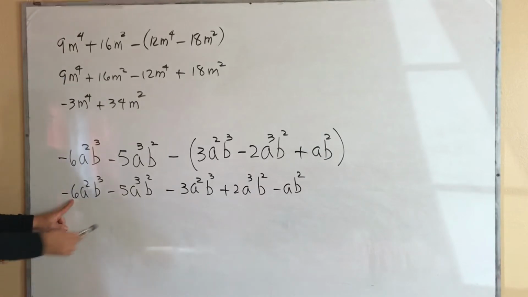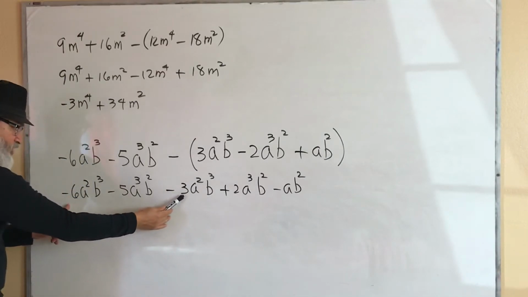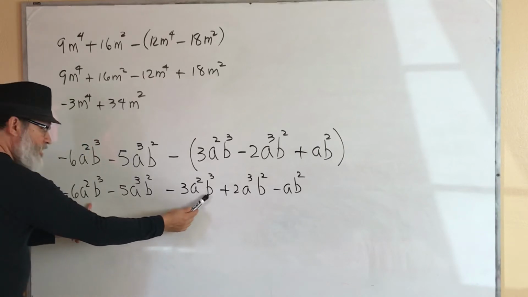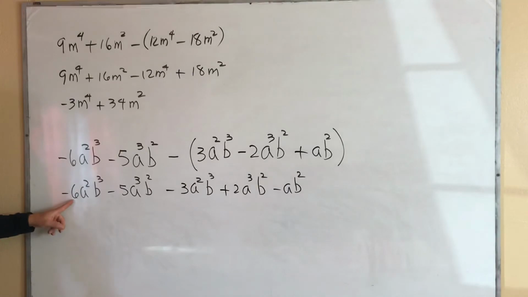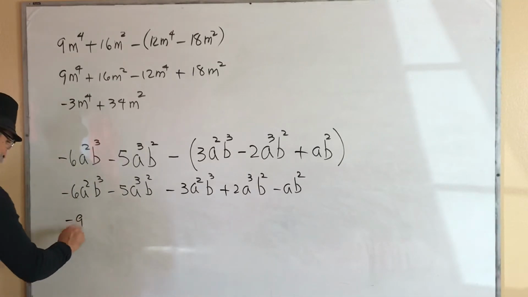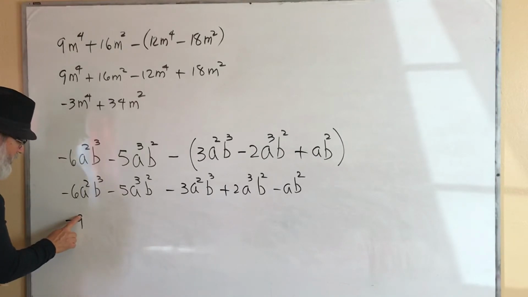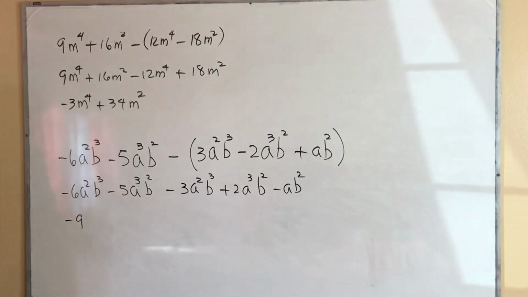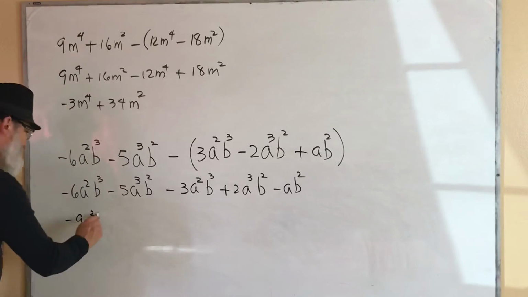Those two are like terms, so I add their coefficients and keep the variables to those powers. Negative 6 plus negative 3 is negative 9. Keep a squared and keep b cubed.